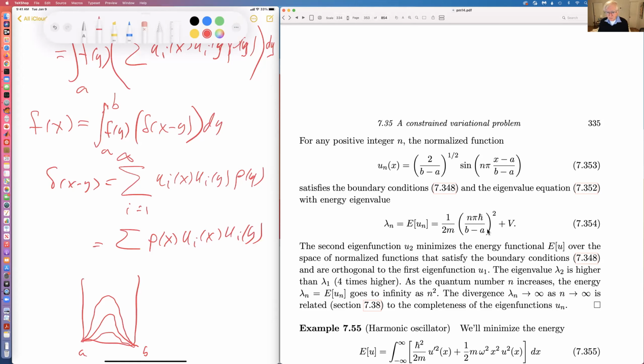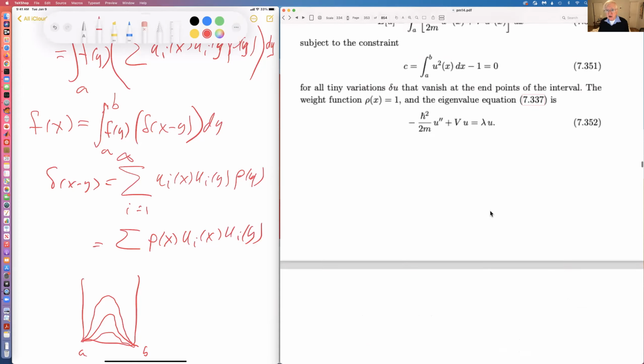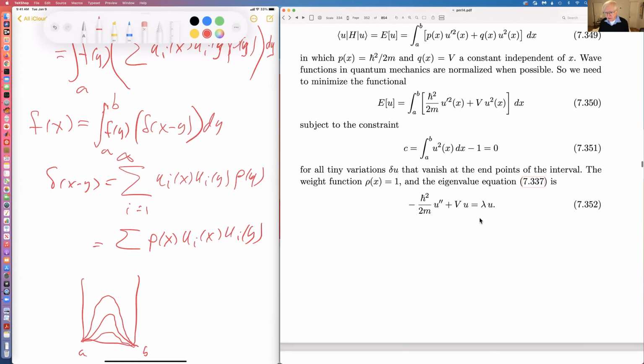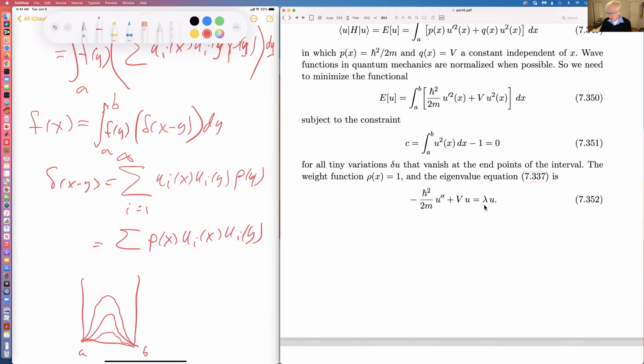And then the eigenvalues of the differential operator. And the differential operator here is minus h bar squared over 2m u double prime, the second derivative, because this gives you the momentum, plus the potential times the wave function is equal to the energy times the wave function.